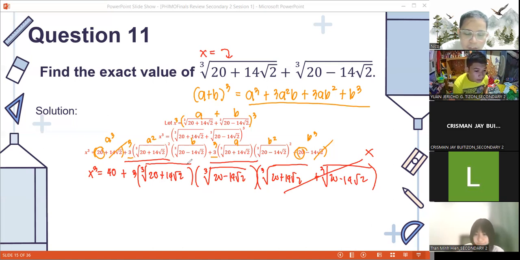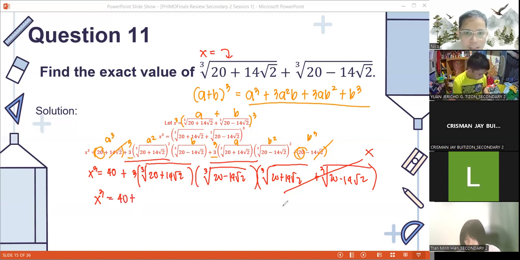Then after factoring it out, follow this one. That's just equal to x. So let's see where it will get us. This one will become x cubed plus 40, and then x cubed equal to 40 first.